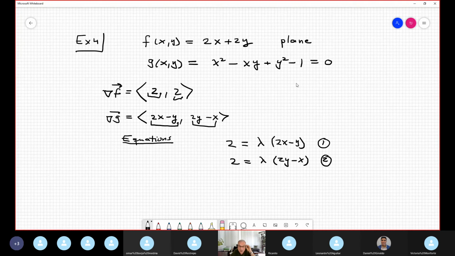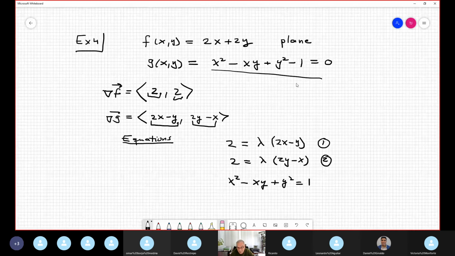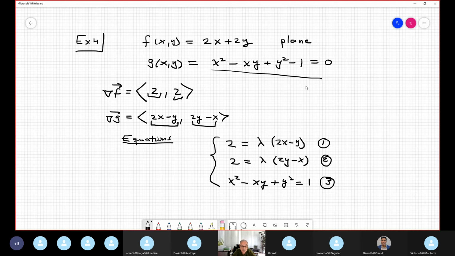Well, the last equation is the constraint, because you need to stay on it. You write it like that: x squared minus xy plus y squared equal 1. I prefer it that way. It doesn't matter. So I need to solve this system of equations. Wow, it's crazy. But no. Use Wolfram Alpha, of course. Do it by hand? It's possible, but it's hard. I recommend that in the test and the homework you use Wolfram Alpha for solving the system of equations. Let's do it.